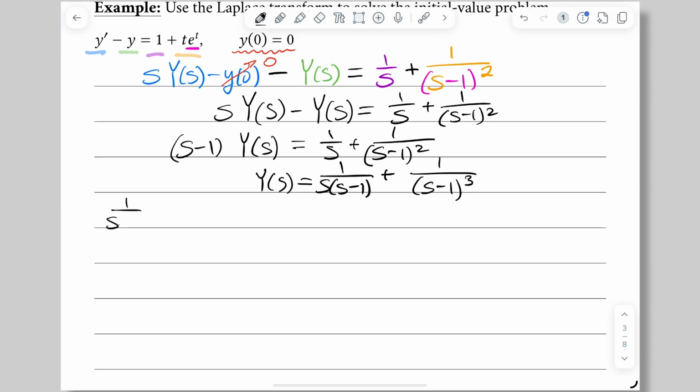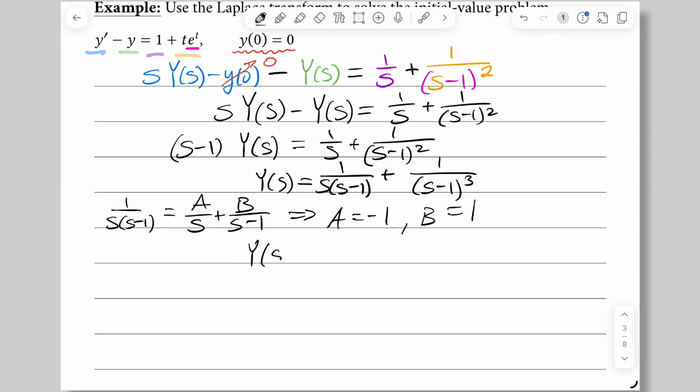As for that other part, 1 over s times s minus 1 decomposes into A over s plus B over s minus 1. And you can confirm that A is going to turn out to be negative 1 and B is going to be 1. Therefore, Y of s is going to be negative 1 over s plus 1 over s minus 1 plus the untouched 1 over s minus 1, the quantity cubed.